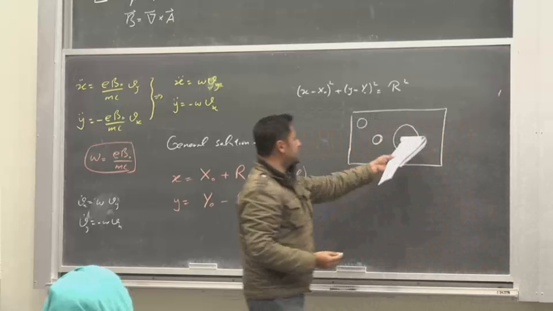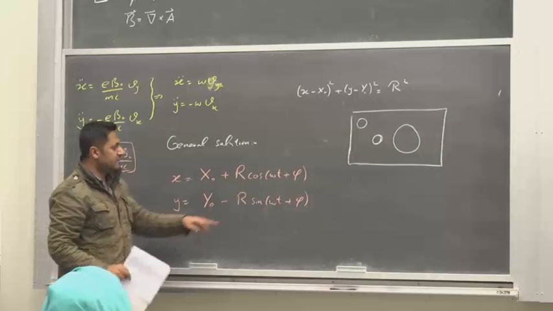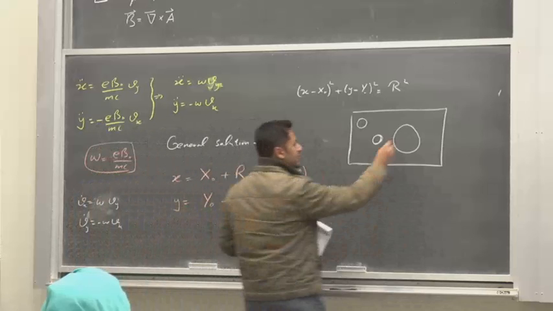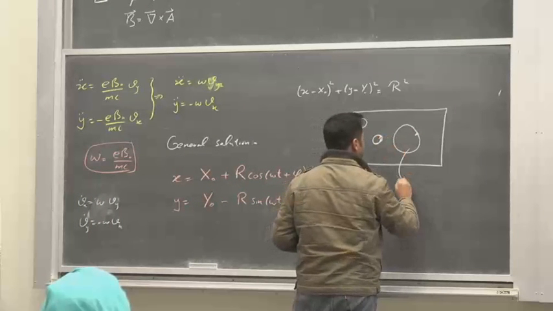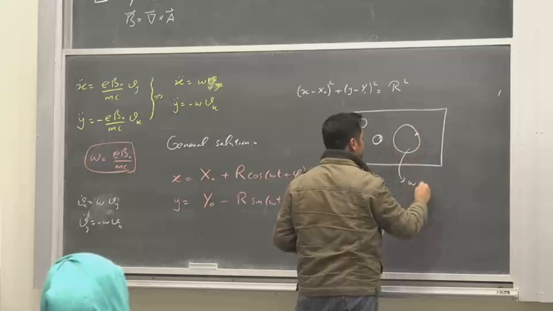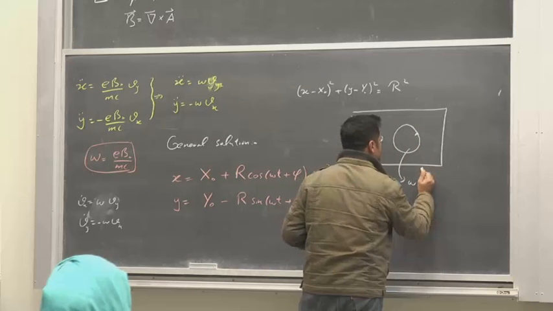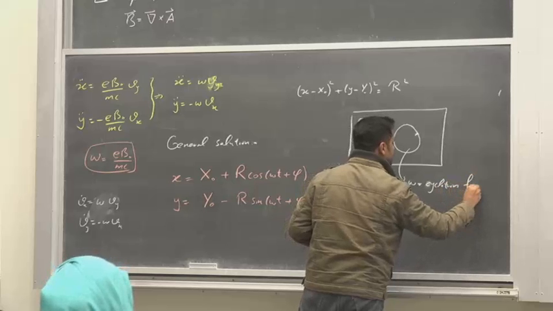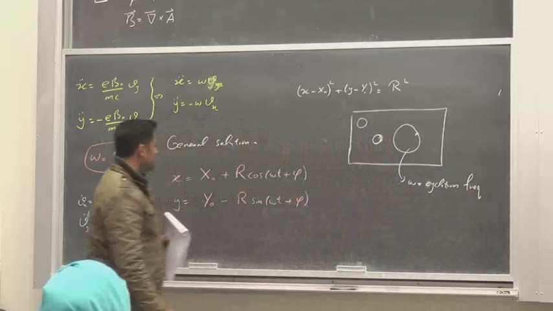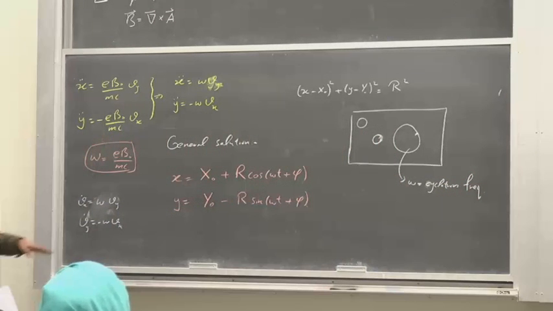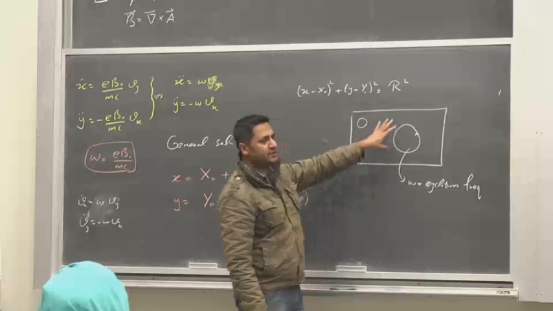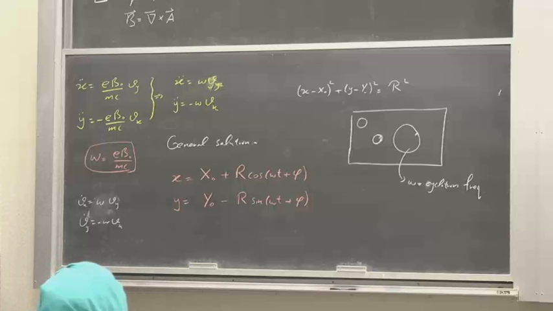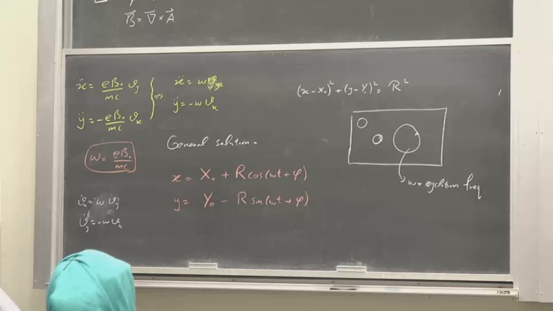But it doesn't matter which circle it goes in. This circular motion has a frequency, omega. So all these circular motions have the same frequency. It comes back, goes around the circle in the same time. This is called the cyclotron frequency. And you can put this circle anywhere you like on this slab because there is translation invariance. It doesn't matter where you are, the field is uniform all along this slab.